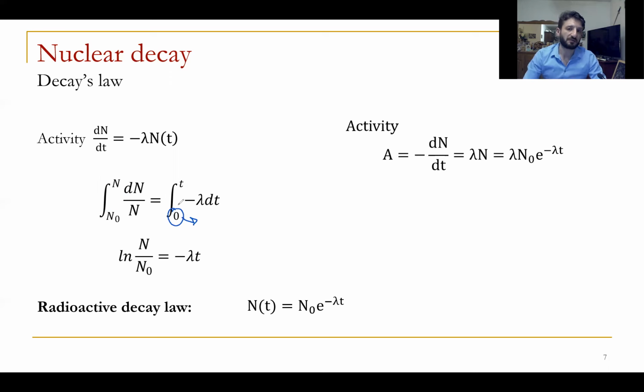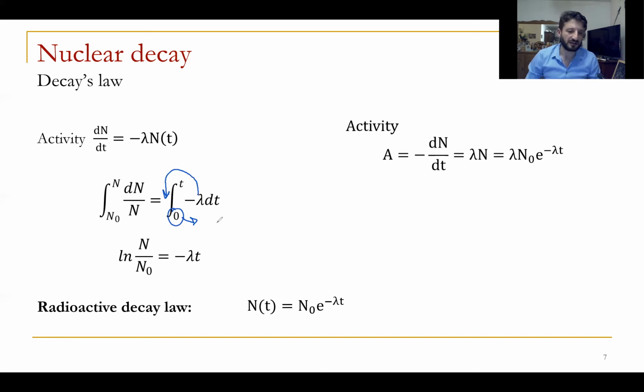With time the number of unstable elements decreases and the number of stable elements increases. We do the integration. The integration of dN over N equals ln(N divided by N0) equals minus lambda t, where lambda is constant.